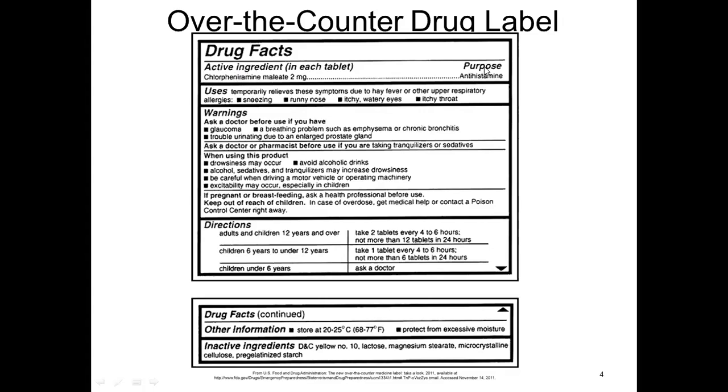Also, if we read, you can see the indication of the medication, when or for what medical condition we use it, like allergic reaction, sneezing, runny nose, itching, watery eyes, and itchy throat. This is the indication of antihistamine.